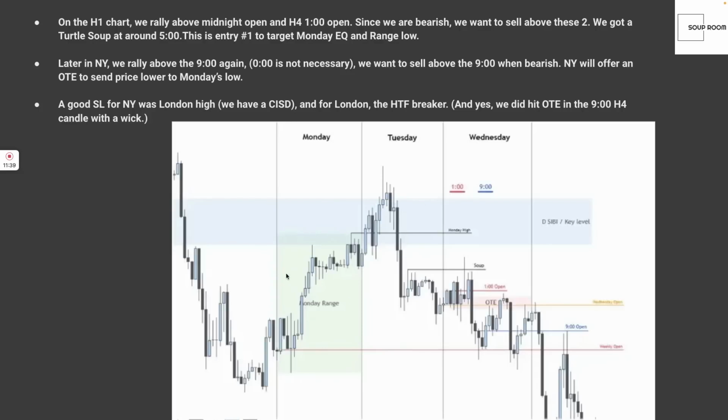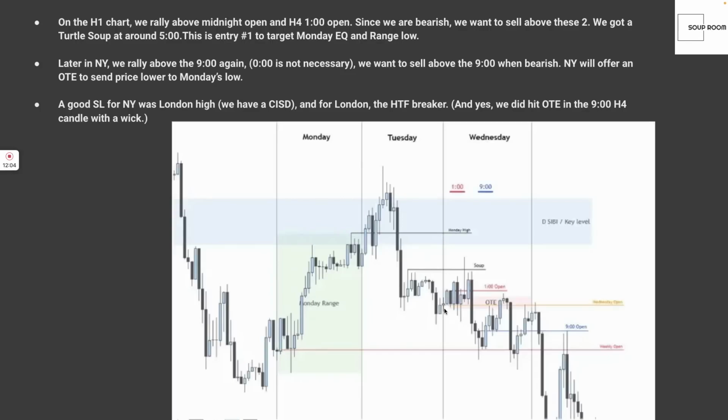This is Monday's candle. This is Tuesday's candle. This is Wednesday's candle. Monday formed the range. Tuesday formed the turtle soup on the higher time frame. Monday's range high closed back inside, wicked on the higher time frame.